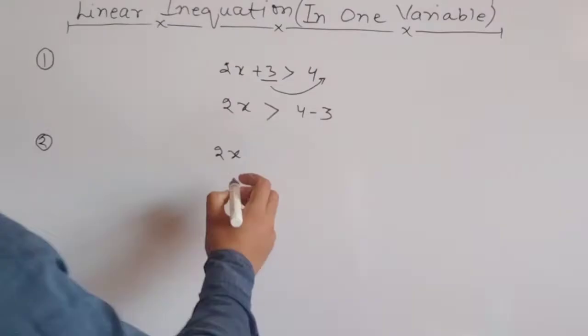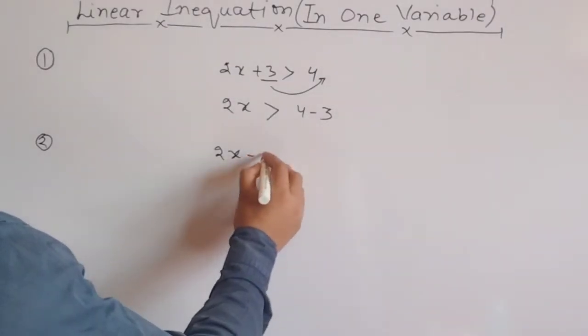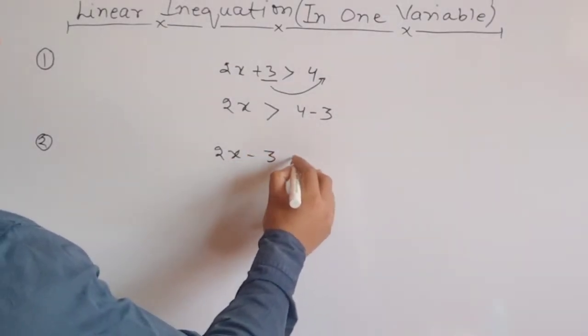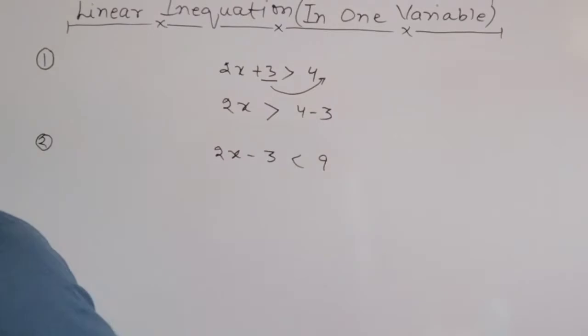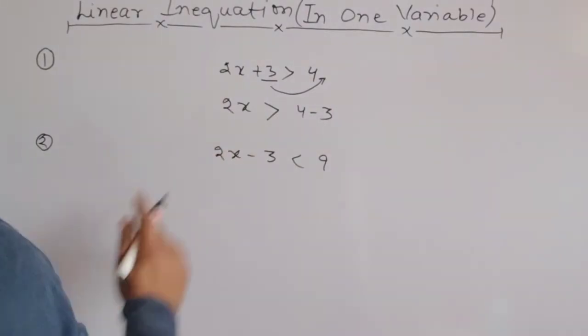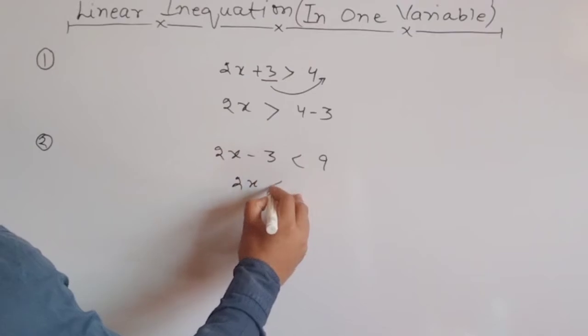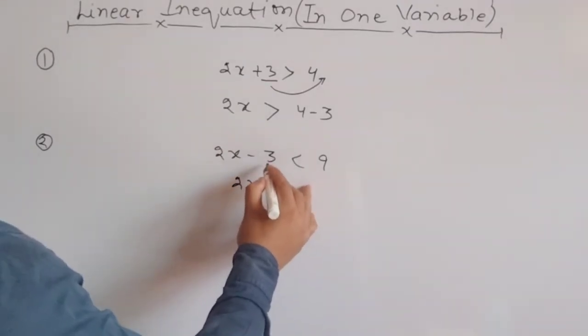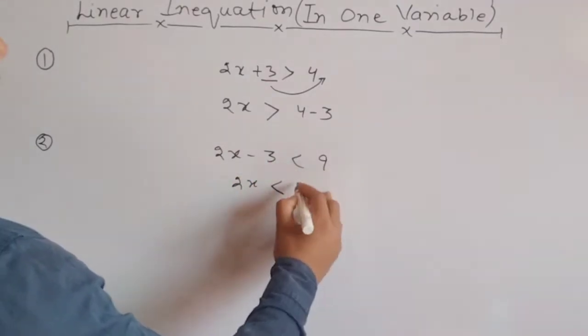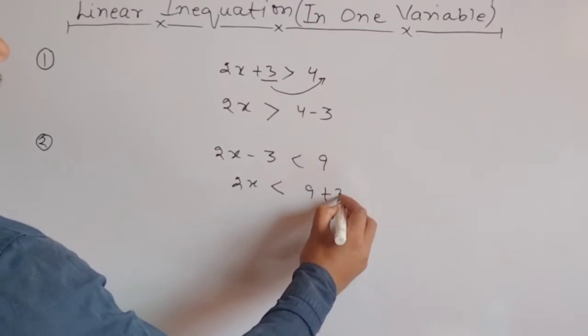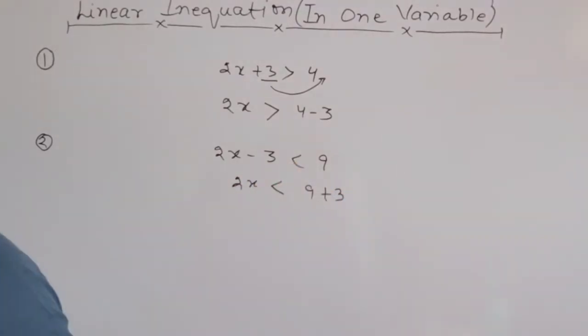And the second rule is, if we move any negative number from one side to another side of any inequation, the sign of inequality will also remain the same in this case. So 2x, this is a negative number. When we transfer this from here to here, then it will be 9 plus 3 and the inequality sign will remain the same. This will not be changed.